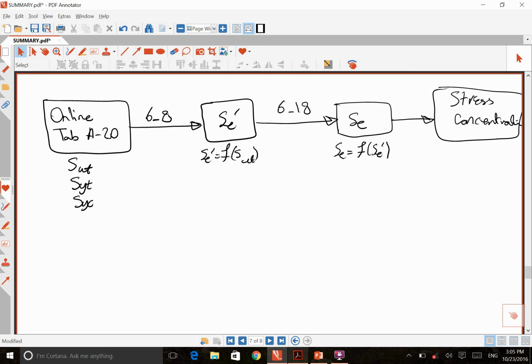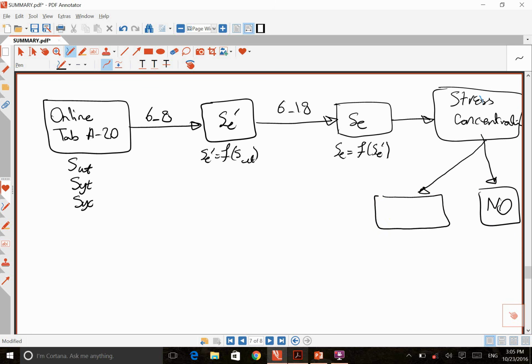If the material has no notch, no radius, no fillet, no hole in it, then we are in the no part. But sometimes, and I'd say most of the time, there are some stress concentration sources in the material.